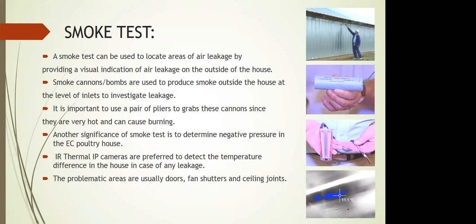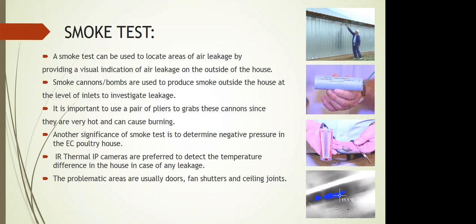If we first talk about leakage identification, smoke cannons or smoke sticks are used around the inlets, and the inlets are at a specific angle, around 45 to 60 degrees.